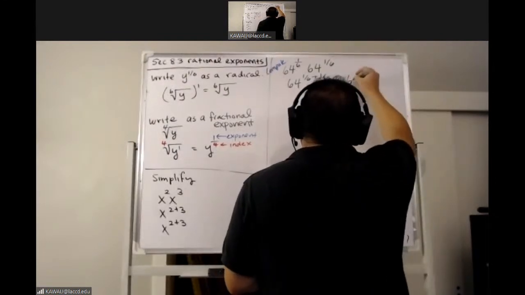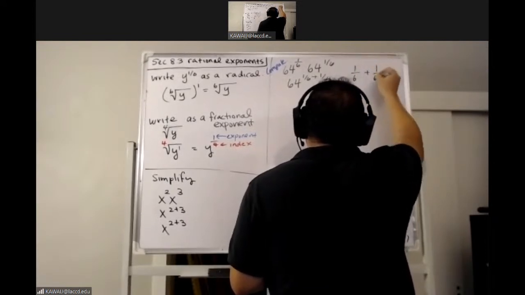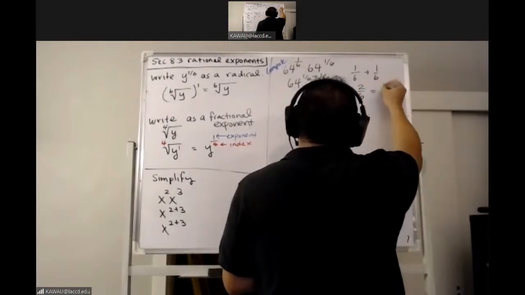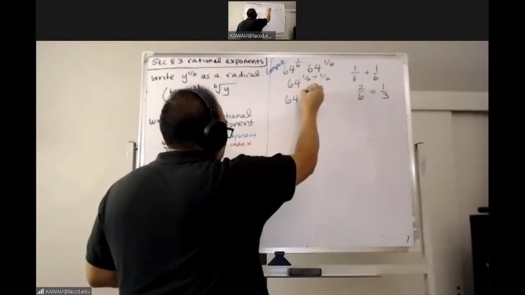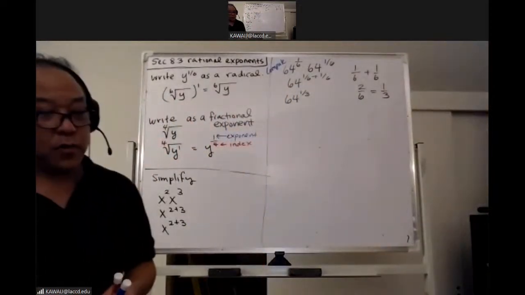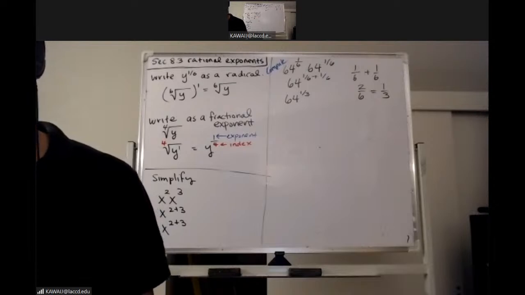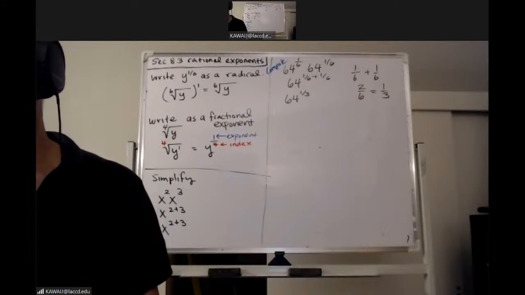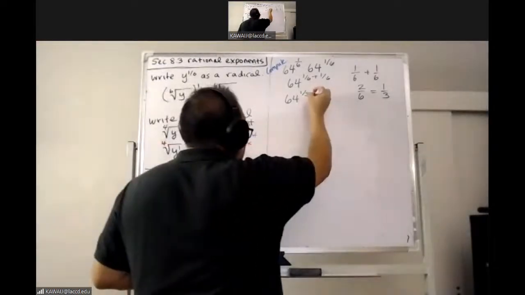So 64, I'm sorry, 1/6 plus 1/6 is equal to 2/6 is equal to 1/3. Okay. Now go ahead and turn that into a number. Remember, this is your index.